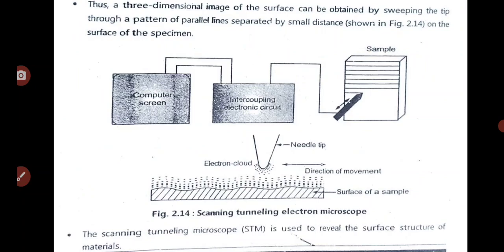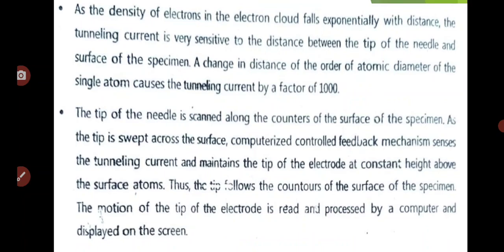See in this figure, a change in the distance of the order of the atomic diameter of a single atom changes the tunneling current by a factor of 1000. Next, the tip of the needle is scanned along the contours of the surface of the specimen.